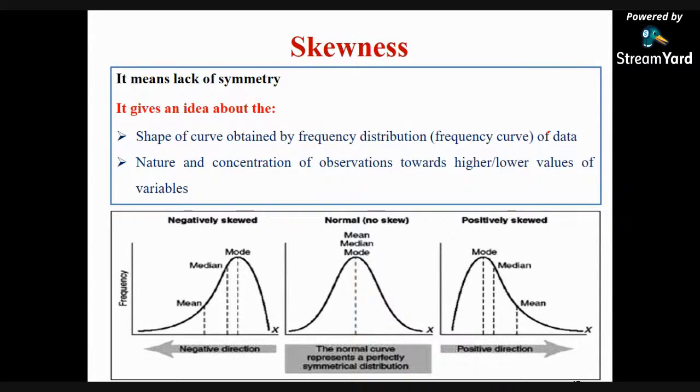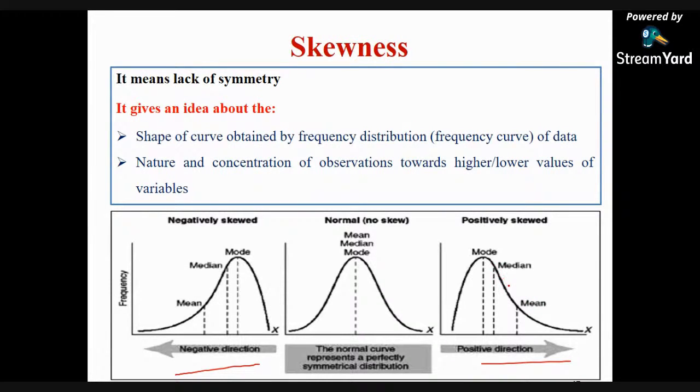The skewness totally depends upon the shape of the curve obtained by frequency distribution, and it generally depicts the nature and concentration of observations towards higher or lower values. Okay, we can have skewness in the negative direction, and we can also have it in the positive direction.